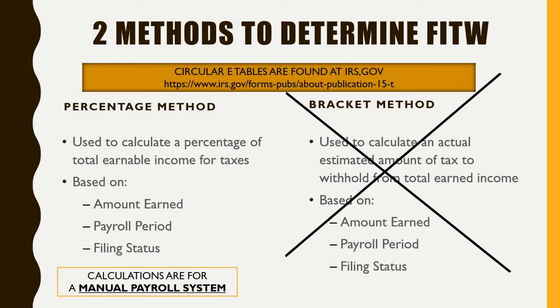Because it's tedious. It's even worse than the percentage method. And the tables go on and on and on. All right? And I'm going to show you what tables I'm talking about in a few minutes. But when you're doing these kind of methods, these branch out from this Circular E table, which is a tax table, all right, that the IRS has submitted to you guys.